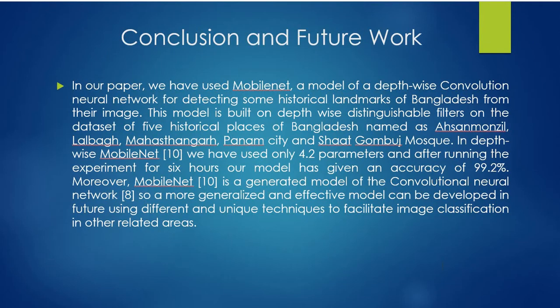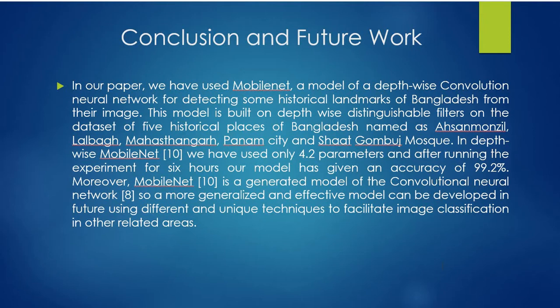So far, our model achieved around 99.2% accuracy in classifying the historical images of Bangladesh. Comparing to other state-of-the-art models related to our work, we can say that our model holds a relatively simpler architecture and also achieved a higher accuracy rate.